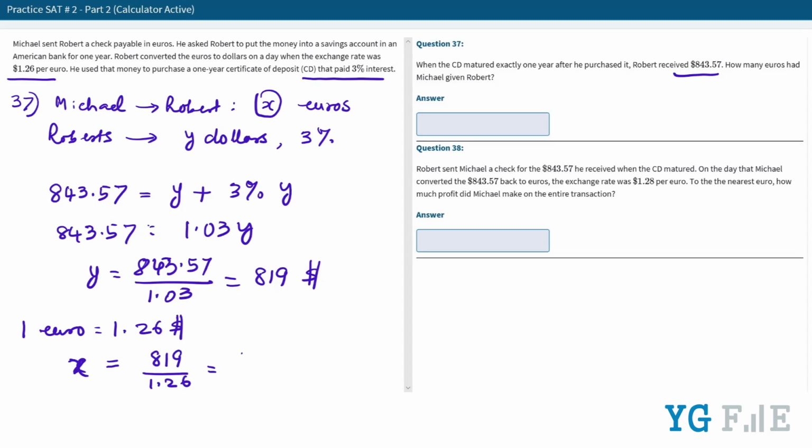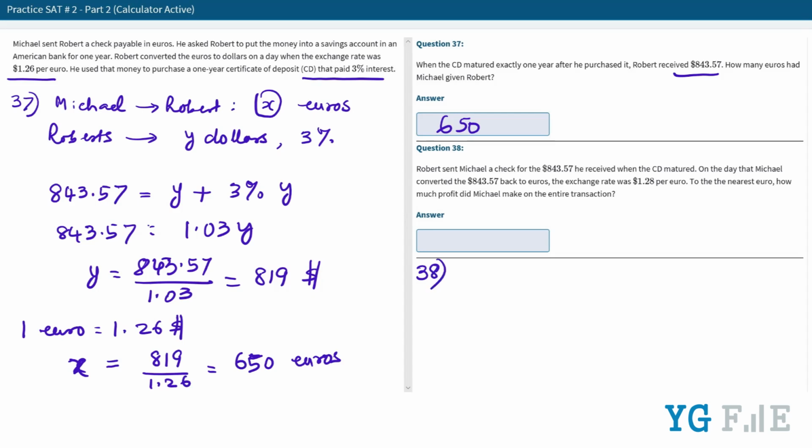This is 650 euros. So the answer is that Michael gave 650 euros on the beginning day to Robert, and after maturity Robert gets back $843.57.